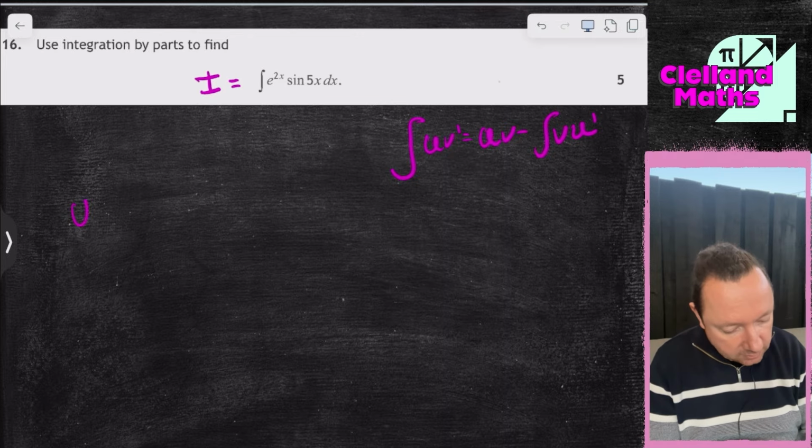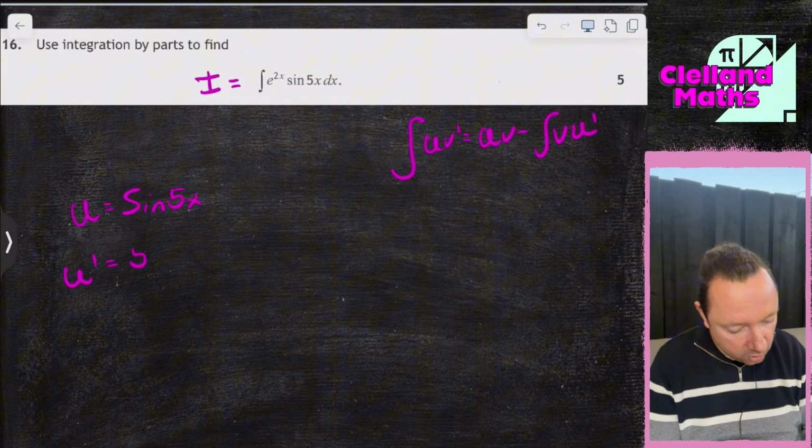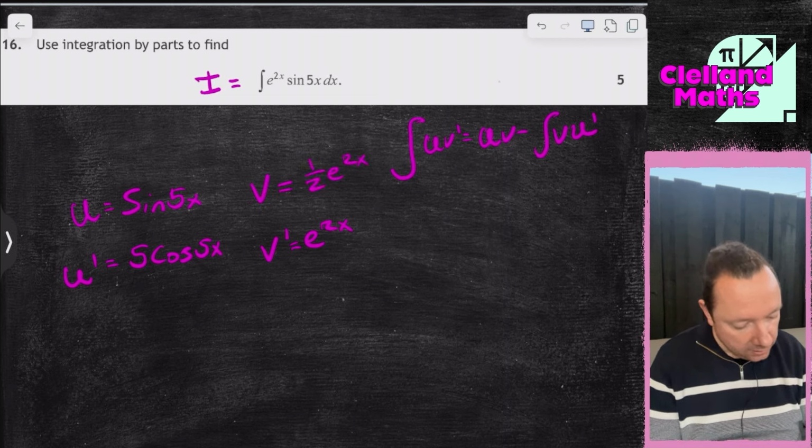Let u equals sine 5x, say. And that means that u dash is equal to 5 cos 5x. Then that means that I'm saying v dash was equal to e to the 2x. So v integrating that is a half e to the 2x. So our integral is uv.